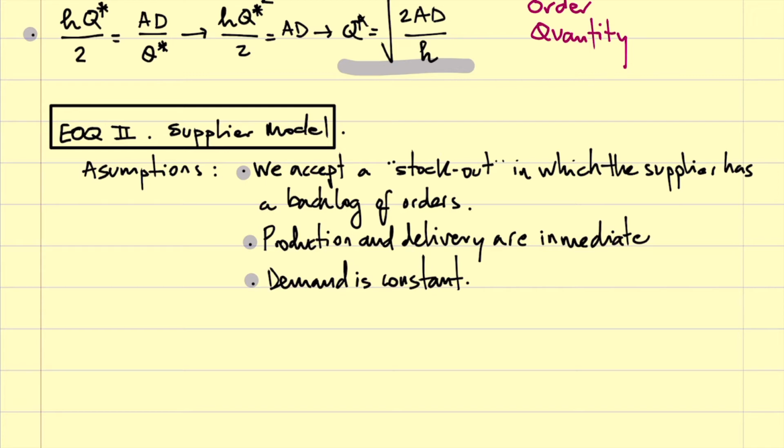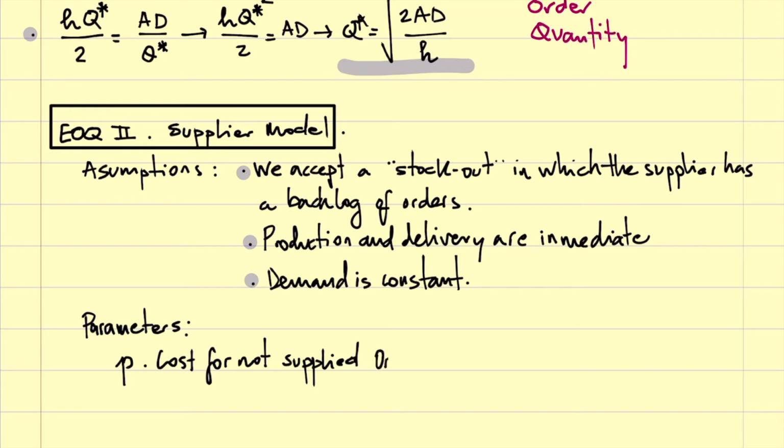Okay, we need supplementary parameters. We need to know that P is the cost for not supplied orders, euros per unit. When your customer comes and you cannot supply, you might have incurred some cost.